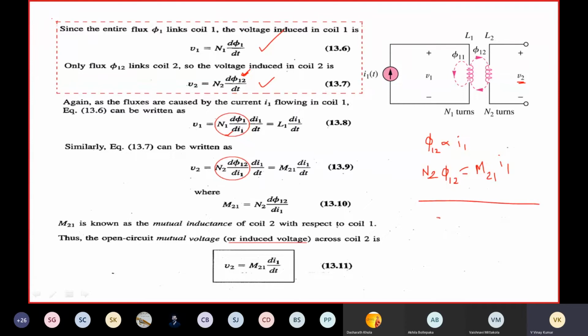In case of self-induced EMF, phi 1 is directly proportional to I1, so N1 phi 1 is equal to L1 I1, right? Similarly, phi 1 2 is directly proportional to I1 only.